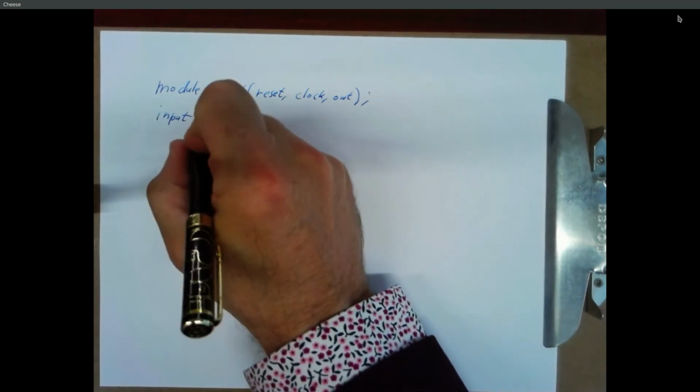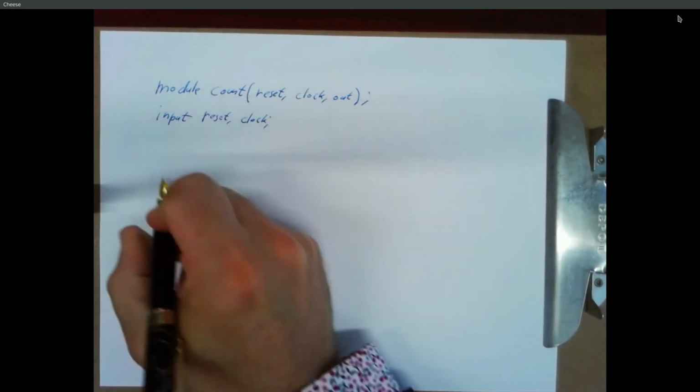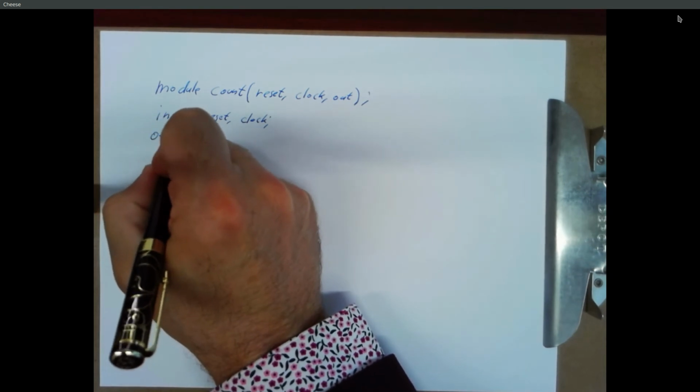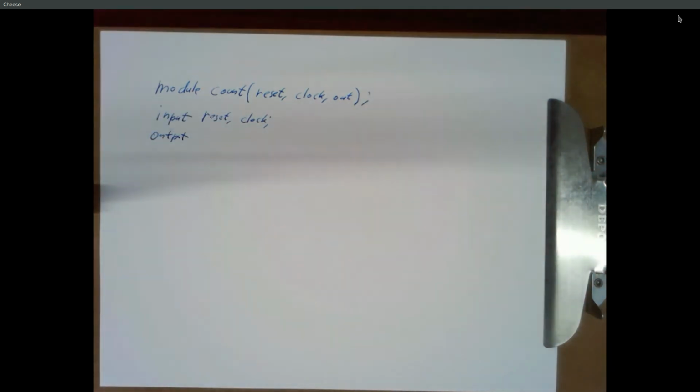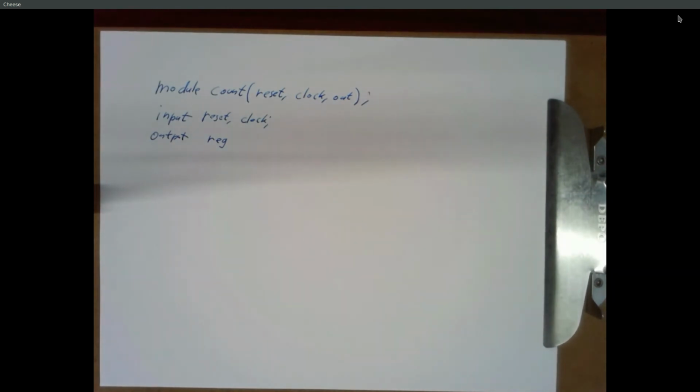So we have to label inputs and outputs. Reset and clock are inputs, and I'm going to say output is out. I'm going to put something special in here: the keyword reg, which means register.